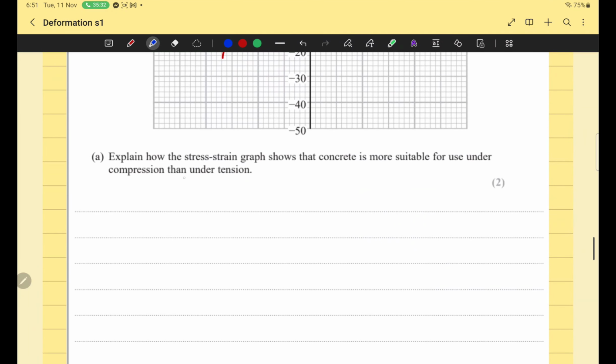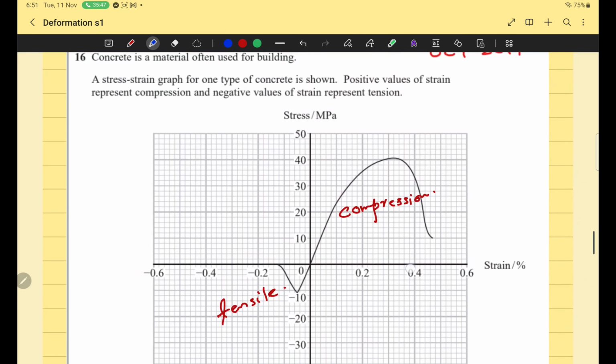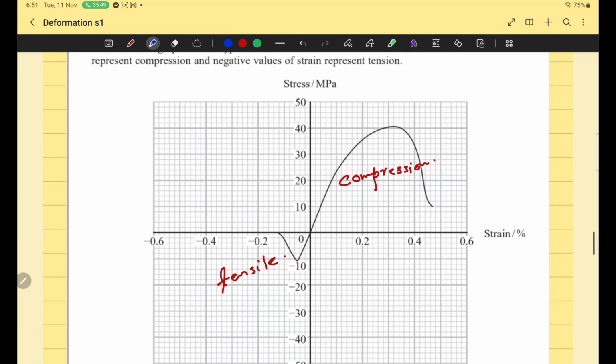The question is: explain how the stress strain graph shows that concrete is more suitable under compression. It is a 2 mark question. A material is considered good if it can bear high stress values.